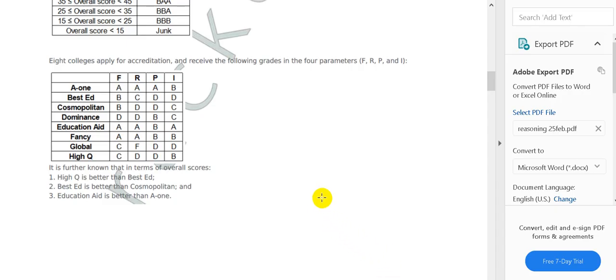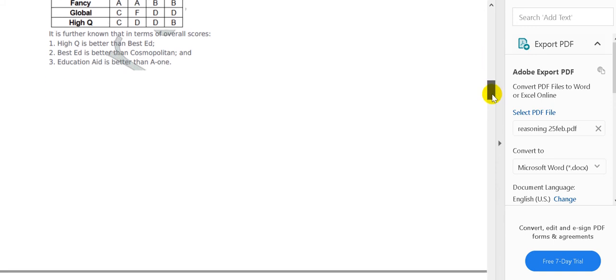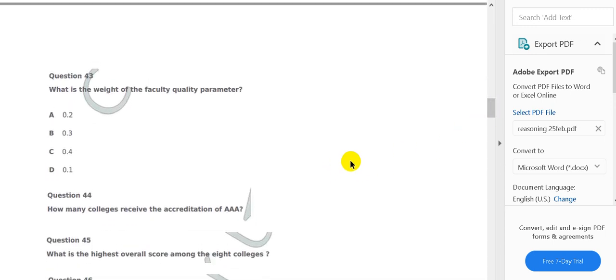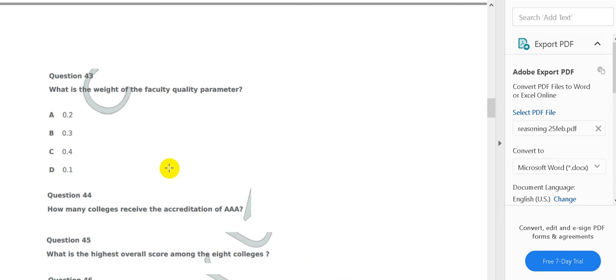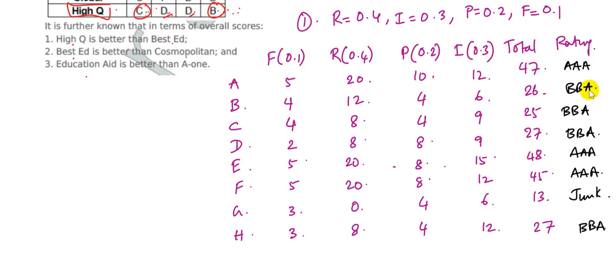So now we go for the questions. What is the weight of the faculty quality parameter? So faculty quality parameter is F. So F would be 0.1. How many colleges receive the accreditation of AAA? So AAA is 1, 2, 3.